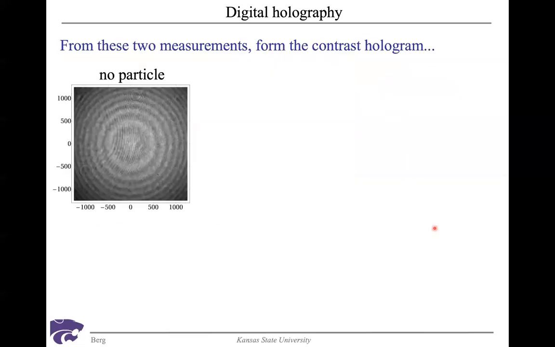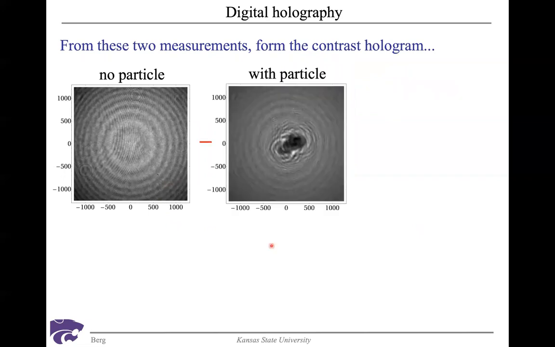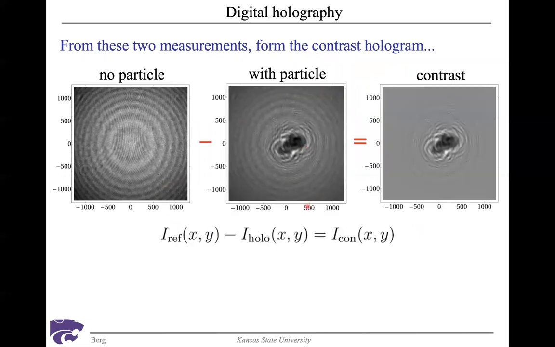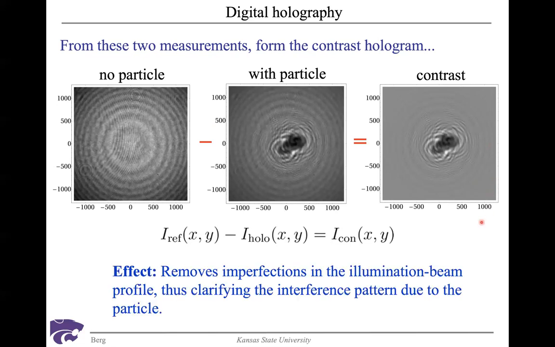Lastly, we take the difference of the no-particle measurement with the particle-present measurement to assemble what we call a contrast hologram. The purpose of this subtraction is to eliminate things like these rings here, which are either dust on the optics or multiple reflections from the optics.